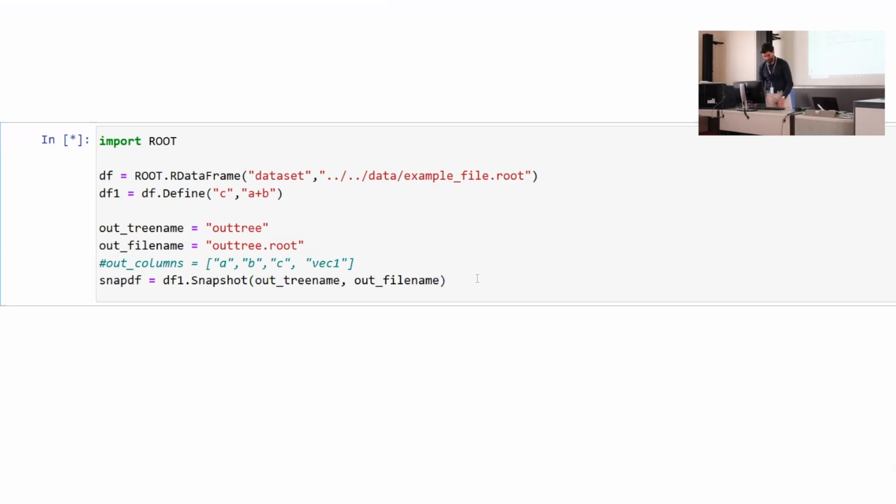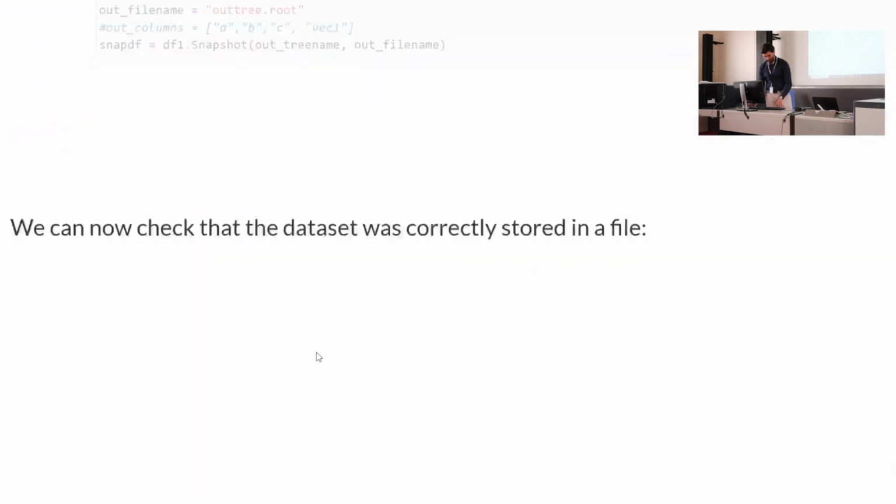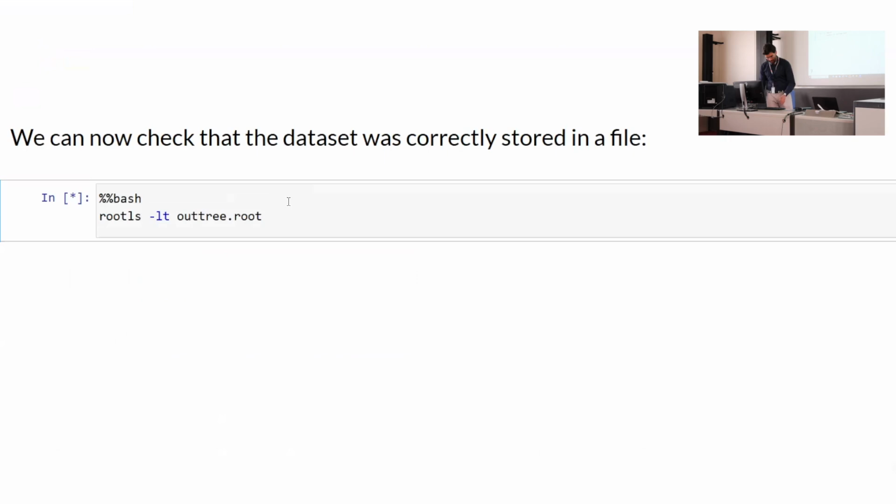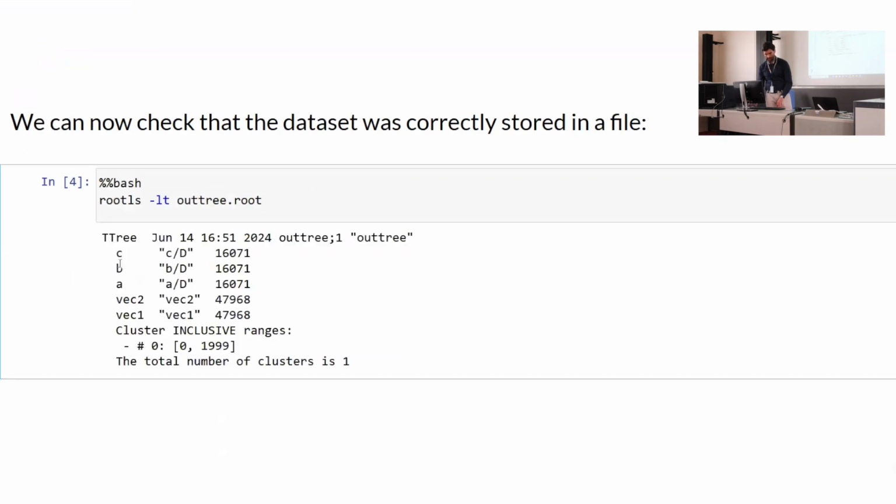So I can just repeat this cell and then go here. And if I rerun the cell now, it will show all the columns, C, B, A, vec2, and vec1. So all of the columns that were available before are now available in the tree, because by default, that's what Snapshot does.